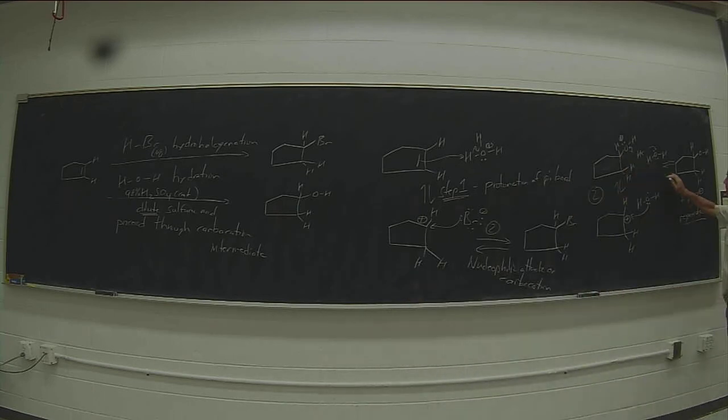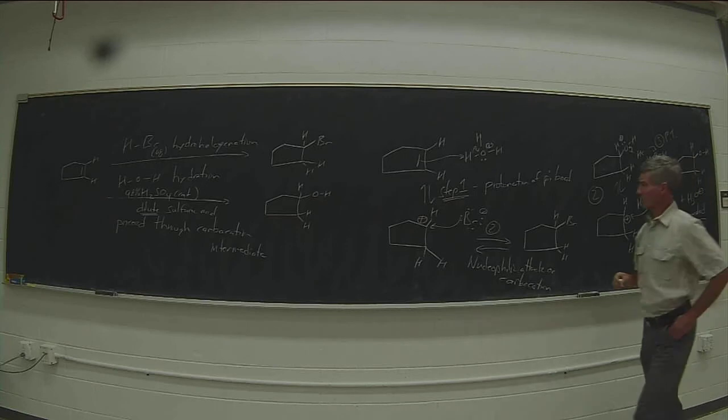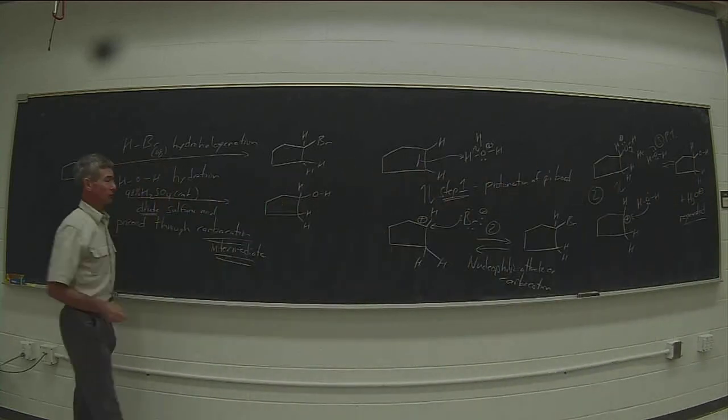And step three, in the hydration reaction, is a simple proton transfer to take the hydrogen off the alkyl oxonium ion and put it on water to form hydronium ion. This is a fairly simple mechanism, and they proceed through carbocation intermediates.